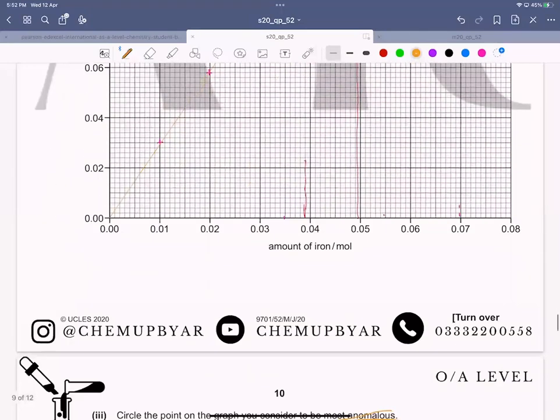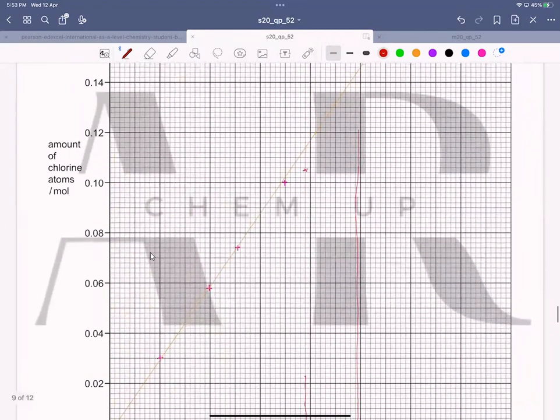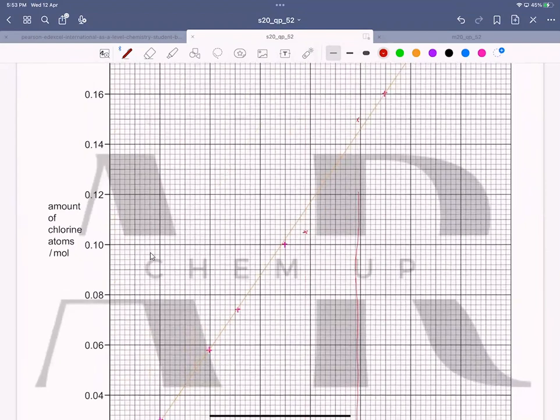And here what they are saying in the next part: circle the point on the graph you consider to be most anomalous. Suggest one reason why this anomaly may have occurred during this experimental procedure. So, if you see, the most anomalous point is this one.